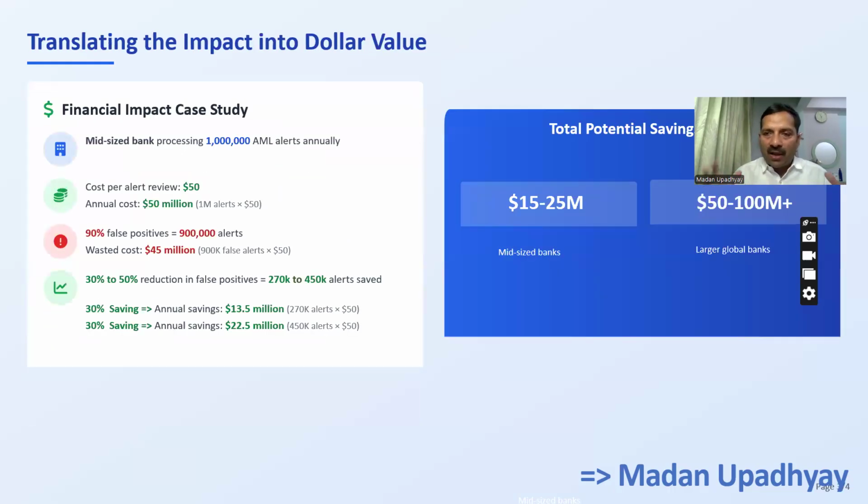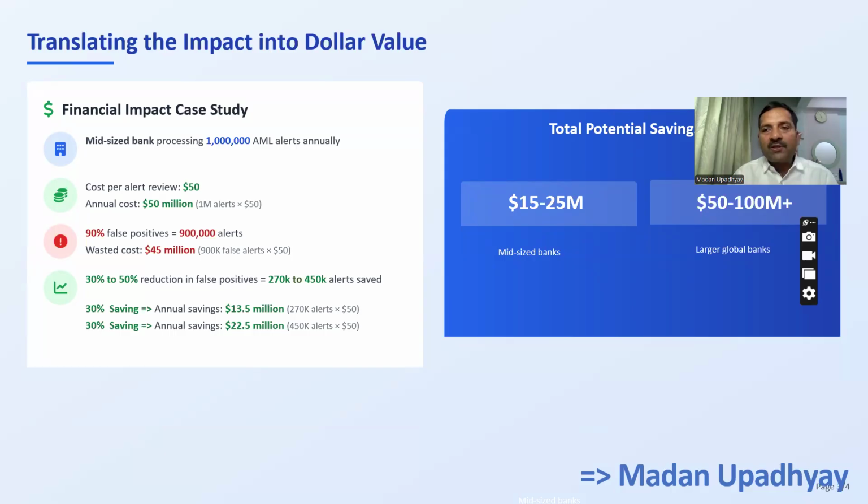So let's understand how you can deep dive and visualize it. A potential mid-size bank generates approximately 1 million AML alerts per year. Ironically, 90% of those alerts are false positives. That essentially means that in 90% of the cases analysts spend time on today, it's noise.